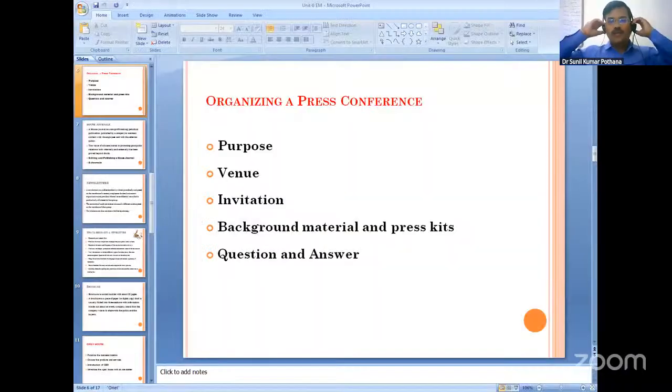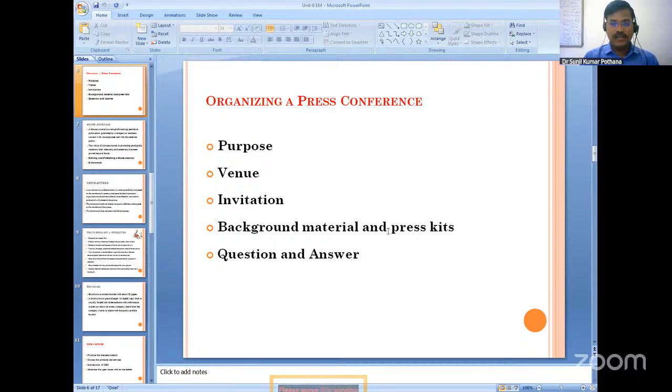Next, background material and press kits. At a time when all the press media are gathered, they need to know some background about that company, that organization. Without the information, the press personnel, the reporters, may be confused.